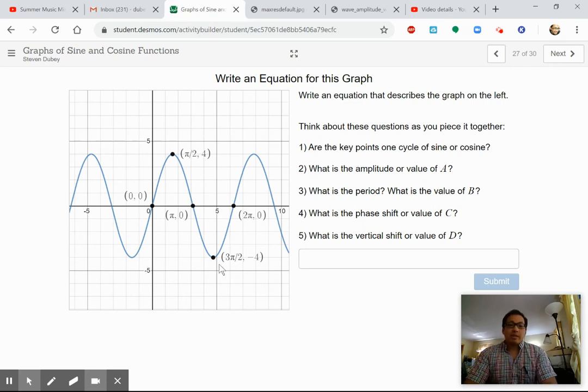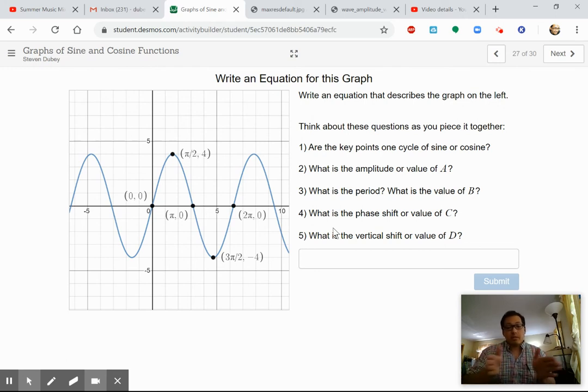Are these key points one cycle of sine or one cycle of cosine? What's the amplitude? That would be the value of A, right? What's the period, the length of the cycle? How do you find the value of B based on the period? If you remember, there's that formula, B is equal to 2 pi divided by the period. What is the phase shift or the value of C?